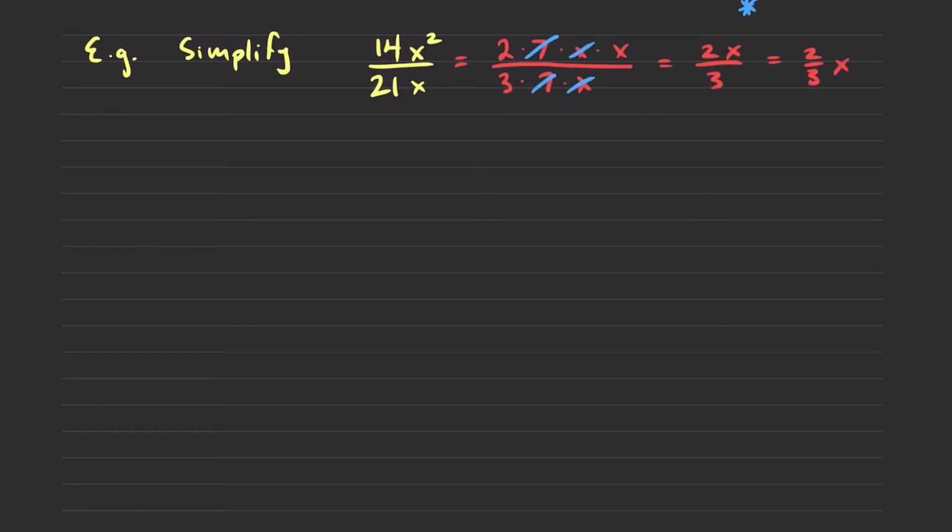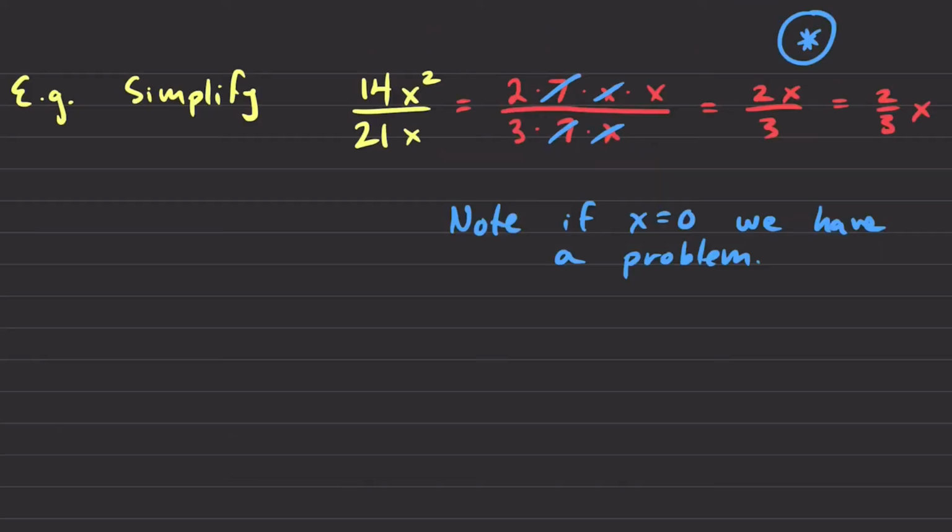Let's talk about this asterisk here. What does that mean? There's one specific value that x cannot be equal to. Note, if x was equal to 0, we have a problem. What's the problem? If x is equal to 0, then this would be 14x squared over 21x. That's equal to 14 times 0 squared, which is 0, divided by 0.